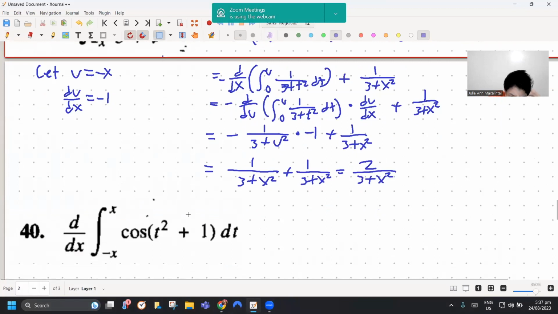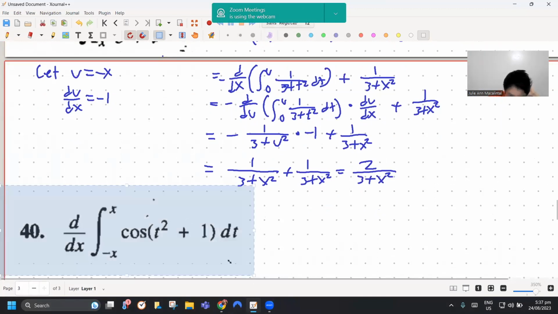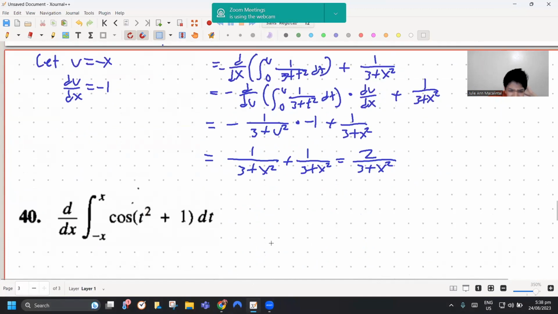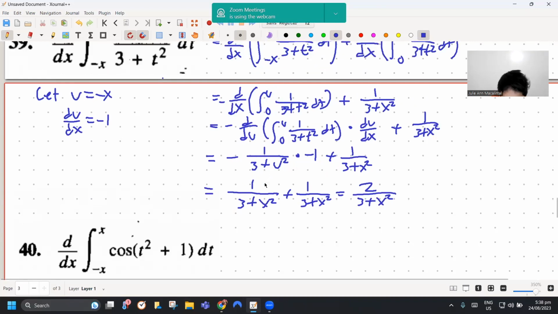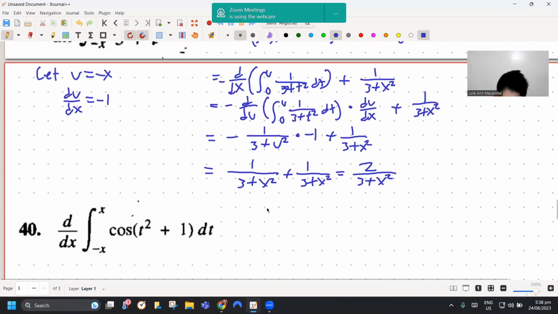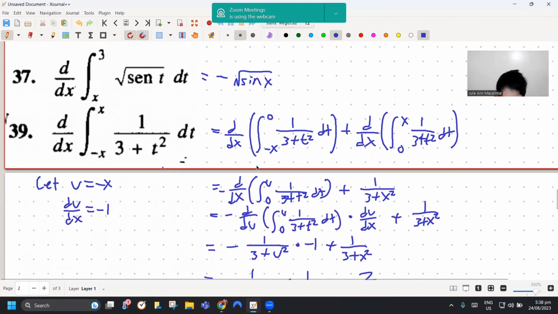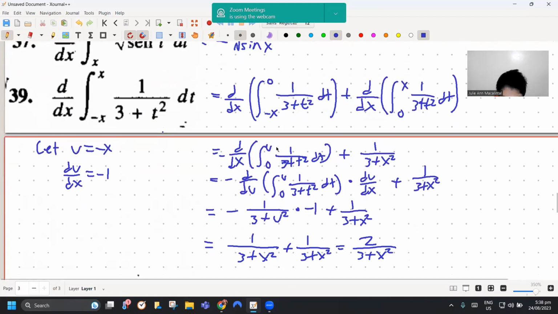So, ano sa tingin mo yung sagot? Tingin ko sagot, 2 cosine x squared plus 1. Yun din in-expect ko eh. Kaya mag-iiba po siya. I don't think so. Kind of same argument din, di ba? Basta, this will not be differentiated anyway, so it will be kept.